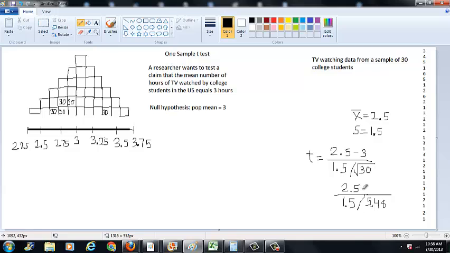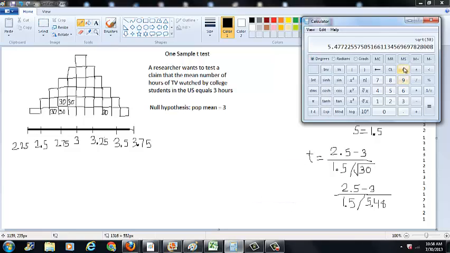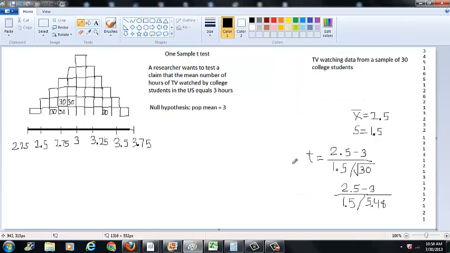What do we get on the bottom if we divide 1.5 by 5.48? We get about 0.27. So I'll change the bottom of the fraction to 0.27.